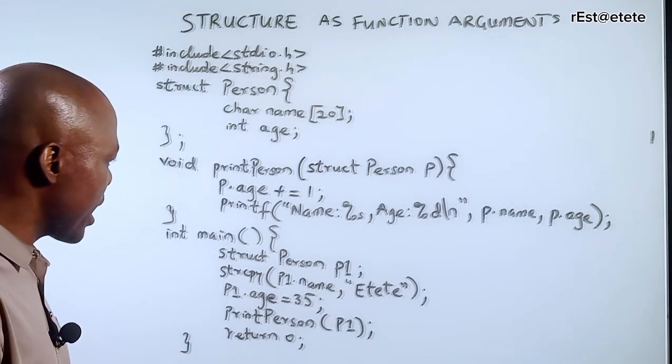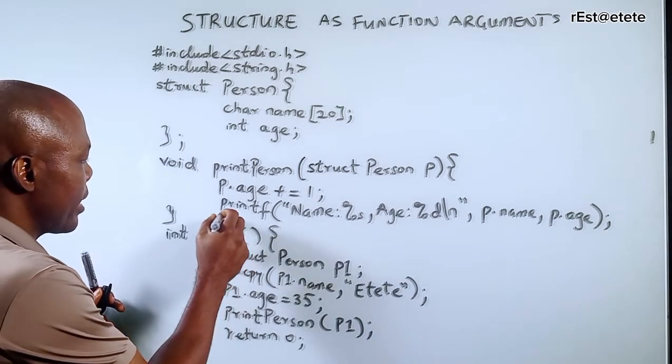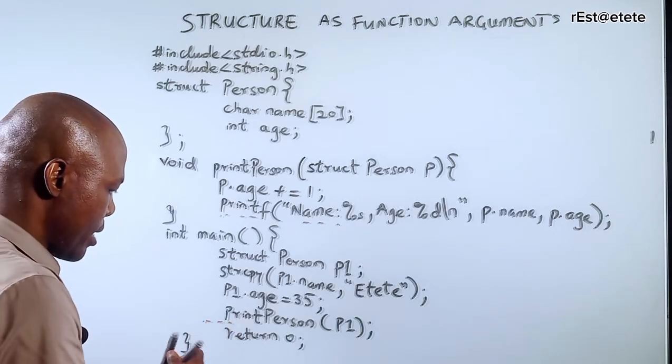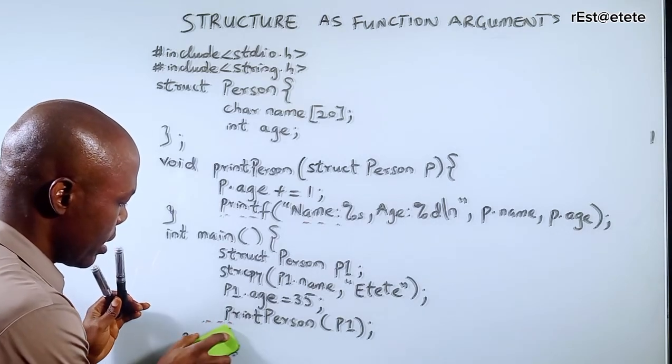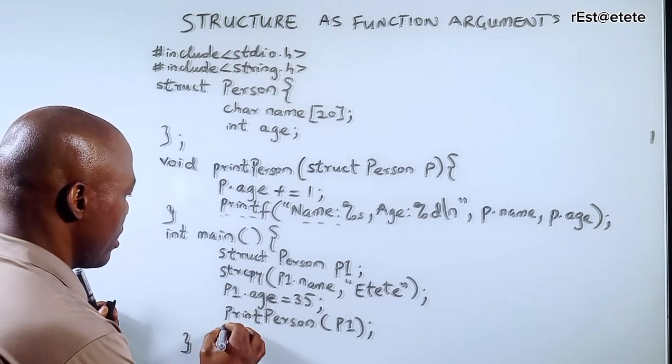In this place, I can equally take this line and add it here. I don't know whether you'll still be able to see. Let me see. I can do that here.